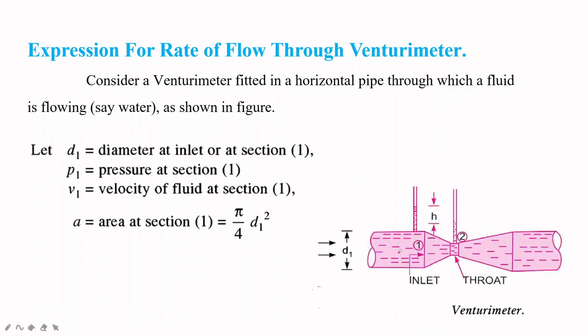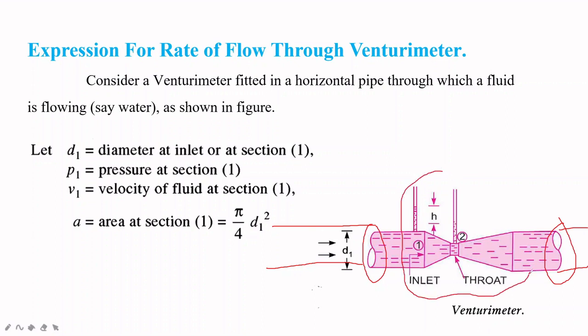Water is already flowing, so this is connected. This diagram tells us the pipe is continuous, but we can't show the full pipe, that's why it is cut. If you see this type of indication, it is continuous like that. So this pipe is continuous and this is the part of the Venturimeter.